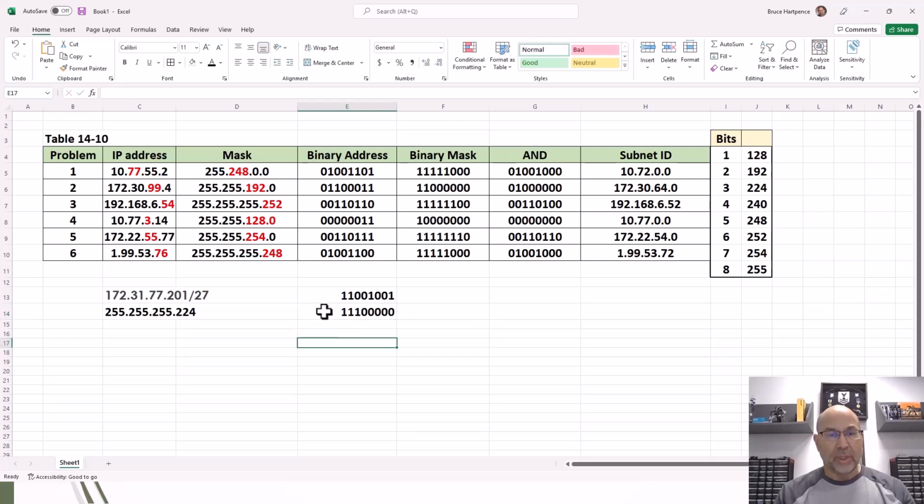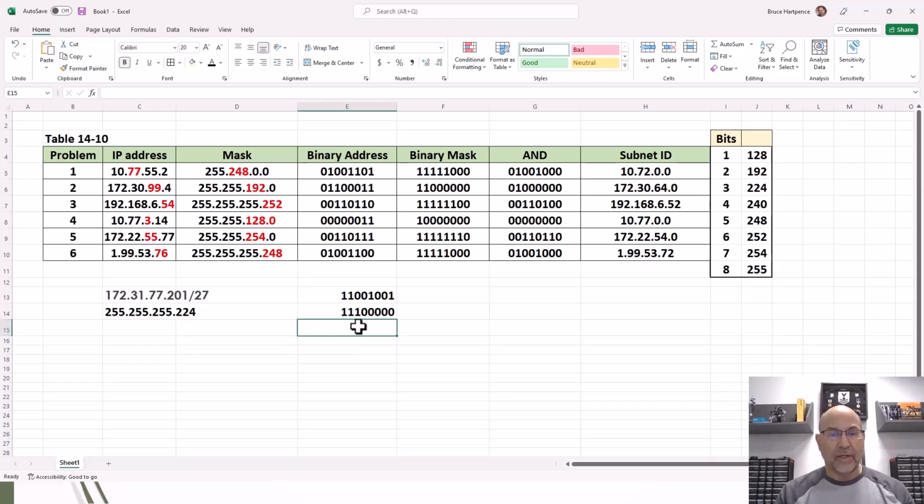And maybe we'll do the ANDing right here. So if I do this ANDing process, then I would get a network that looks like this. I would get 1 1 0 0 0 0 0 0. Well, what is this address? This is the 192 network.